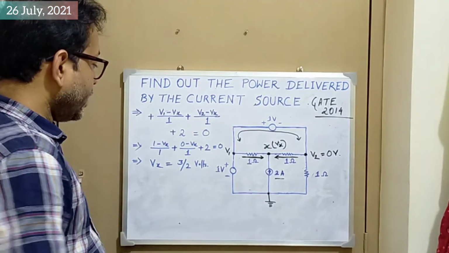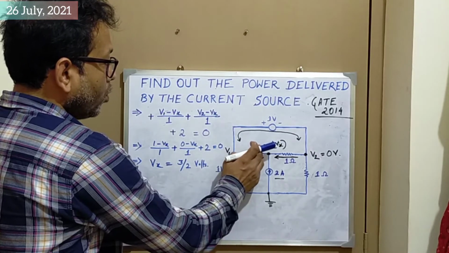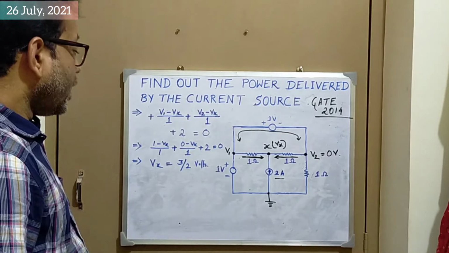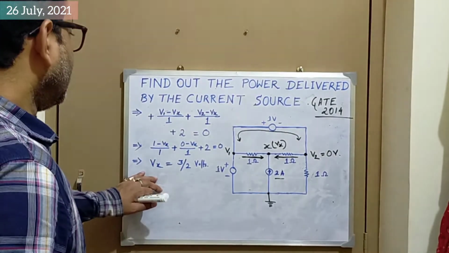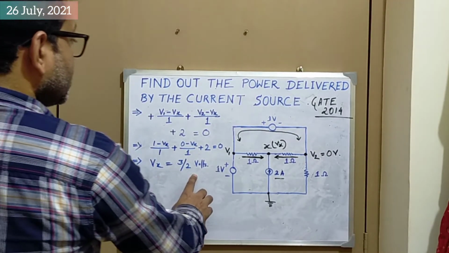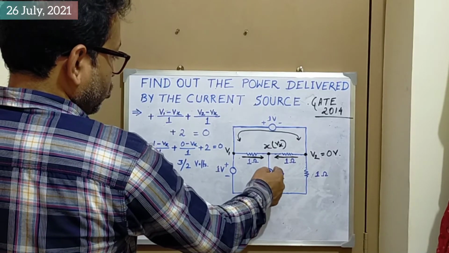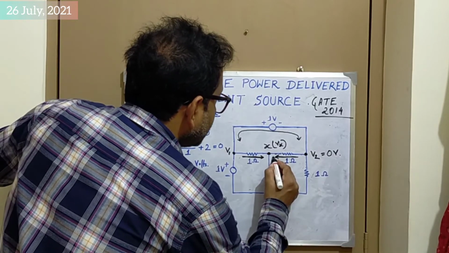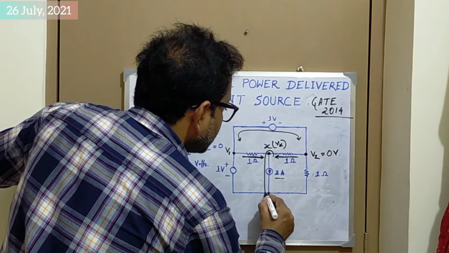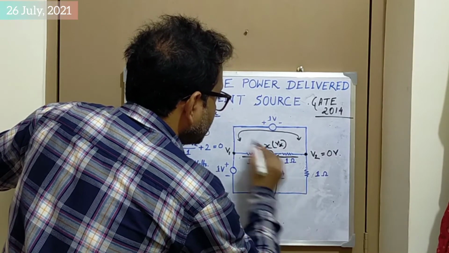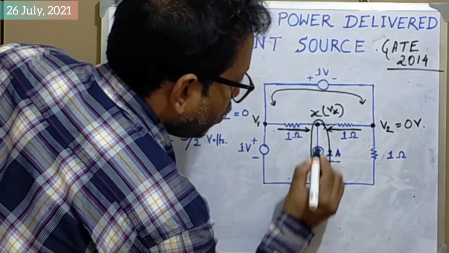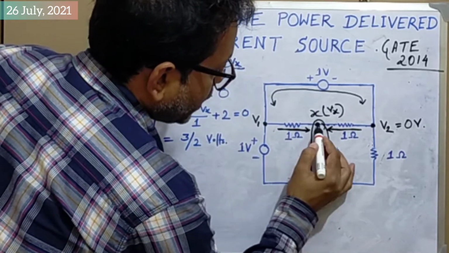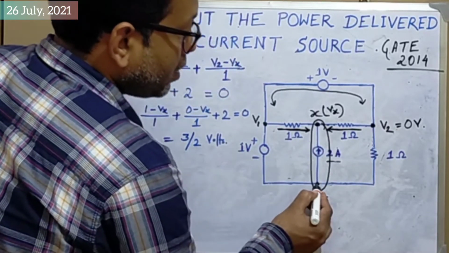In this manner we can find out the potential or voltage Vx at this particular X node. Now you got Vx and the current is available there, that is 2 ampere. So if we consider this branch, two nodes are associated with this branch. One is the X node and another one is the ground node.